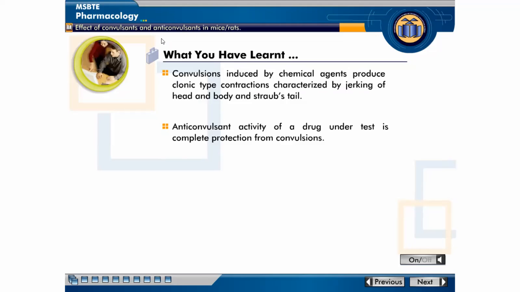Convulsions are produced either by electrical shock or by administration of some chemical agent like strychnine sulfate. During the convulsion, they show symptoms like jerky head movement and Straub's tail. So this is about today's experiment to study the effect of convulsant and anticonvulsant on the mice.